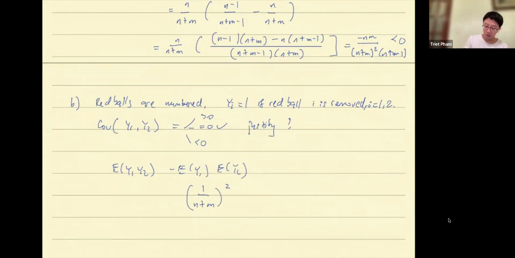There's only one way for both of them to be removed, because they're particular balls. The denominator is still n plus m choose 2 overall. So that's the covariance.